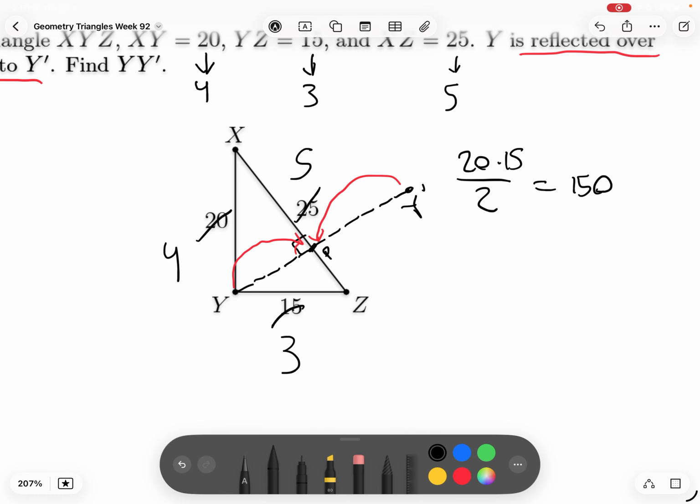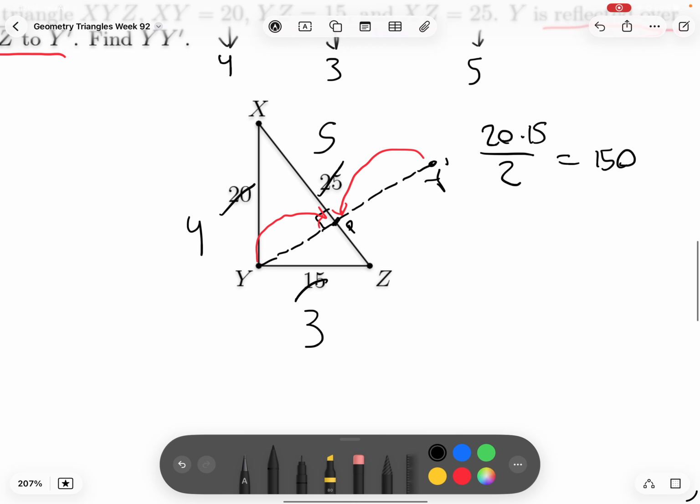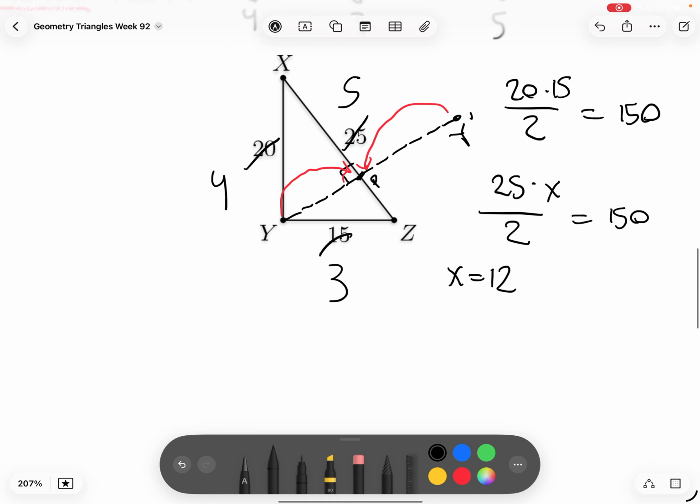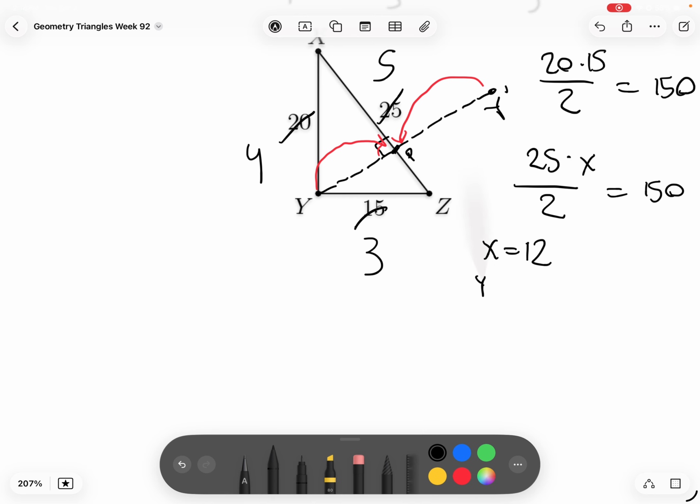So obviously they must have the same exact area. So we must have 25 times x, whatever our YP length is, divided by 2 equals 150. That tells us YP, or x, must equal 12. We can confirm that 25 times 12 is 300, and 300 divided by 2 is indeed 150. So YP is equal to 12.